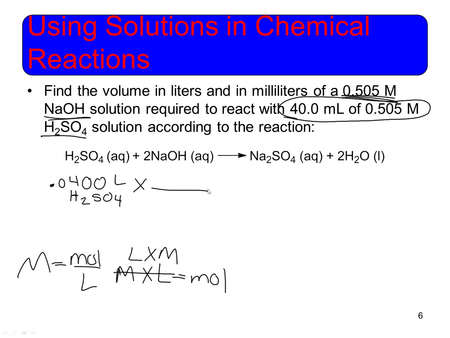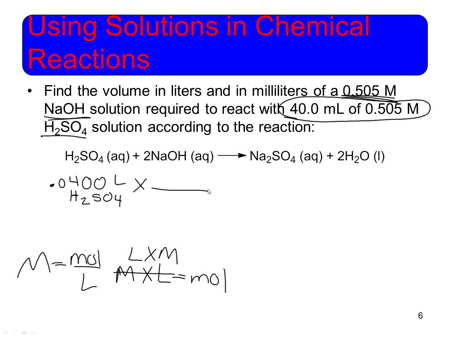We're still going to keep it in that sequence where everything cancels out and we see why we get to that end unit. But the key is to remember this first step, all it is is taking liters times the molarity to give you moles.